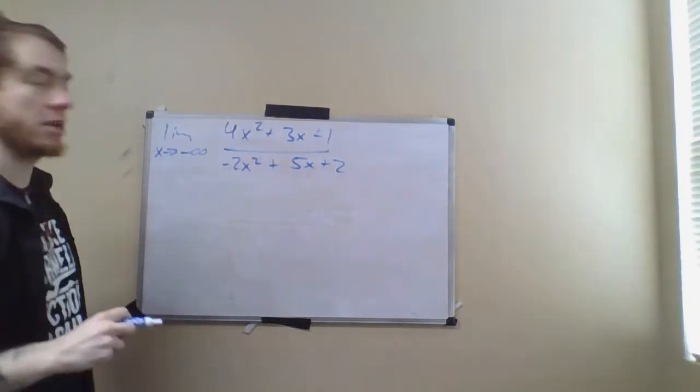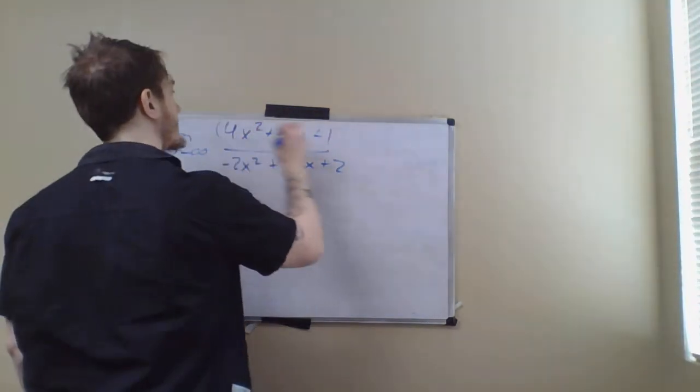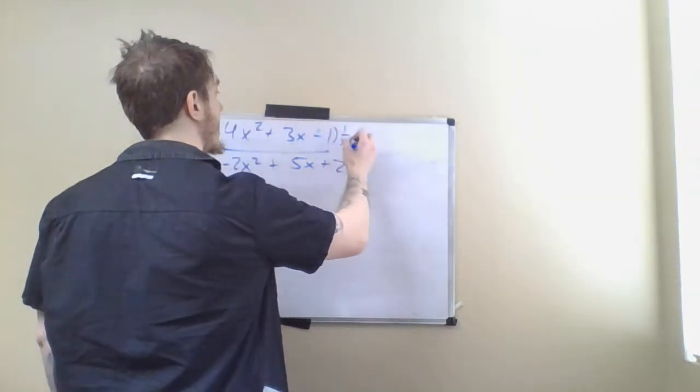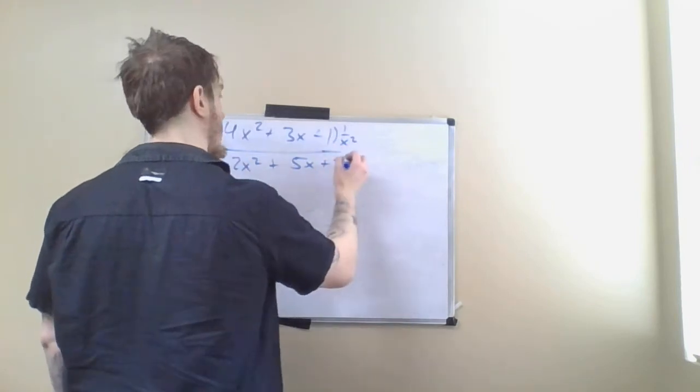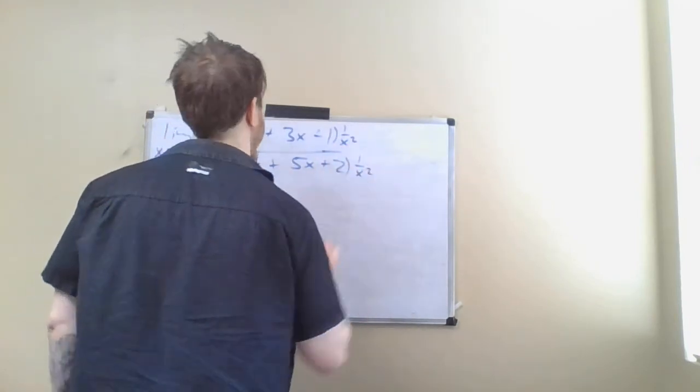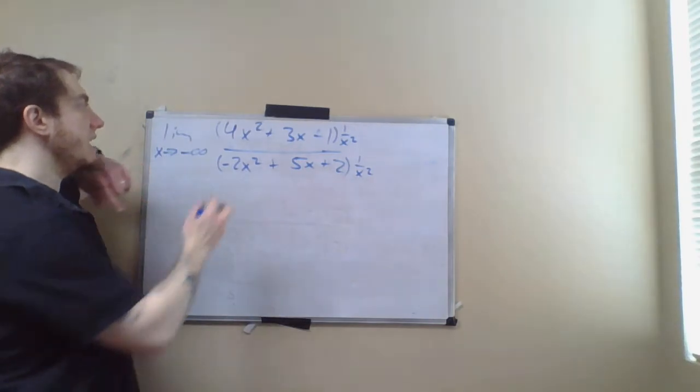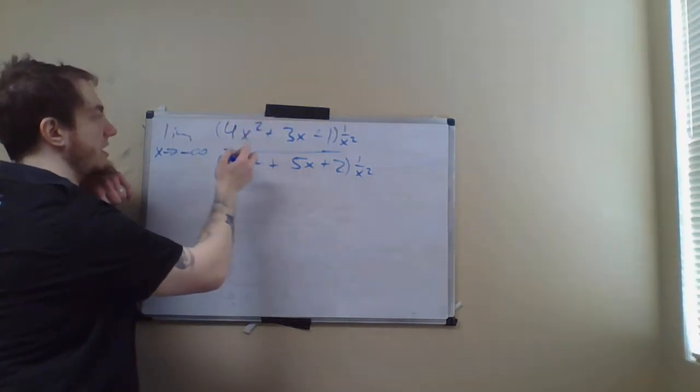The largest power here is the x squared. So let me multiply on the top and the bottom by x squared. And when I do that, you can see this x squared is going to cancel.